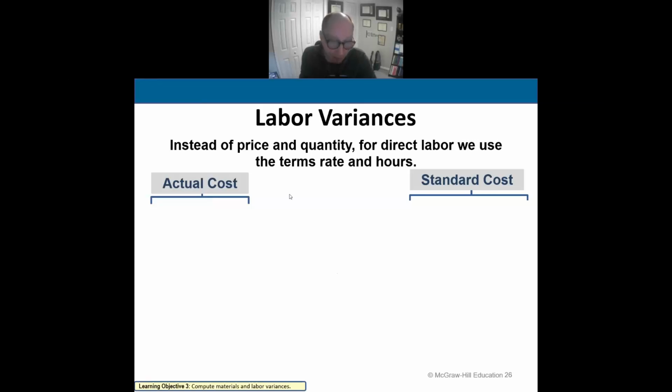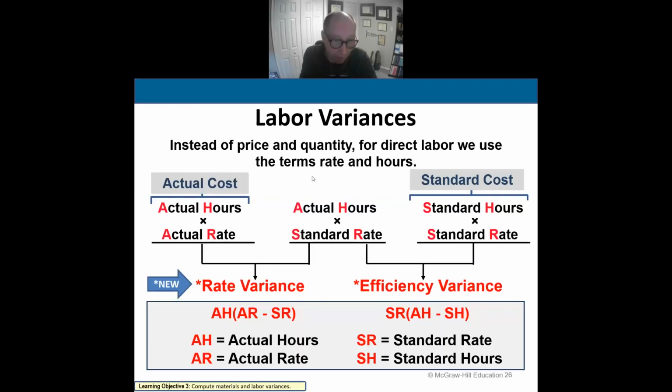But now that we understand the variances for materials, we need to understand the variances in labor. Now, the employees work actual hours at an actual rate. But we also have standard hours and standard rates. Hours are the hours worked or expected to work, and the rate is their hourly rate.